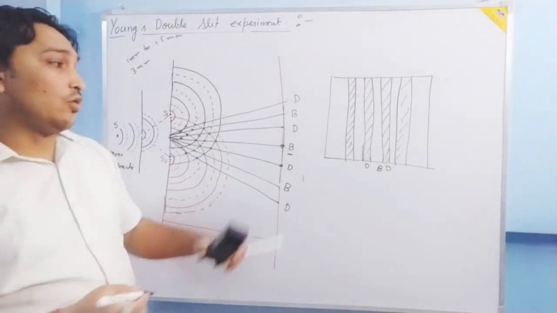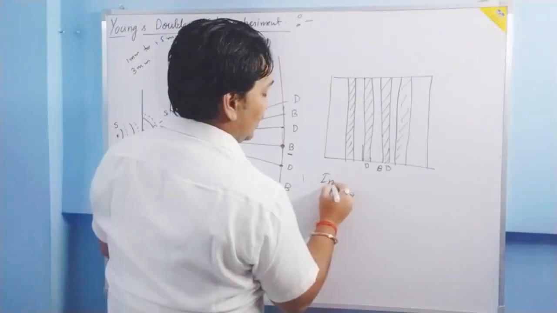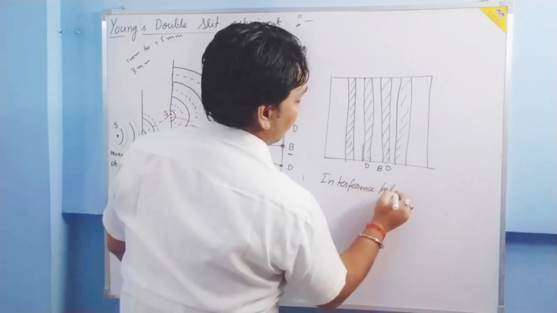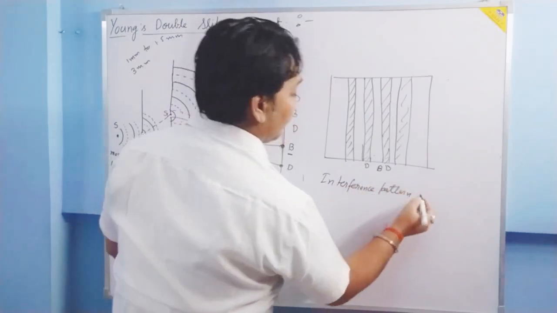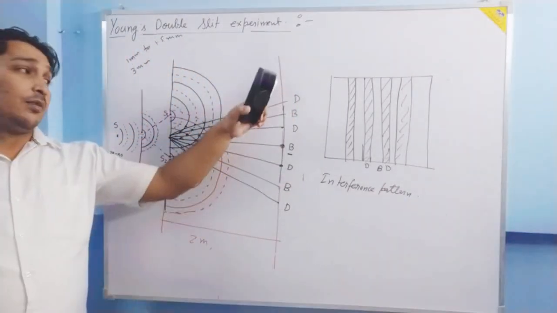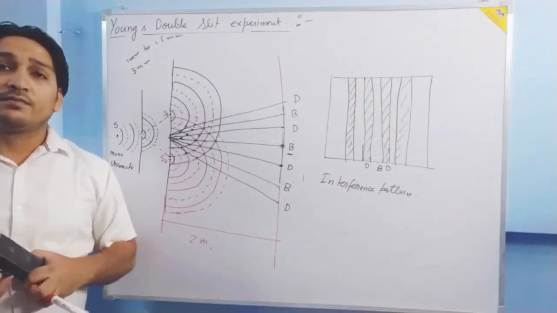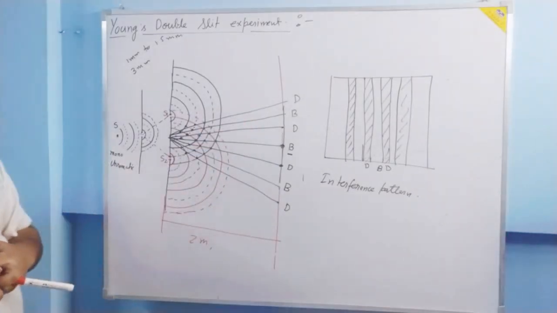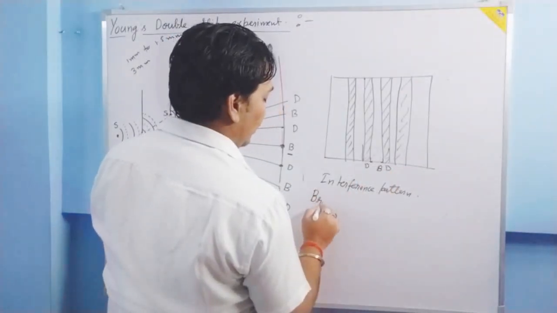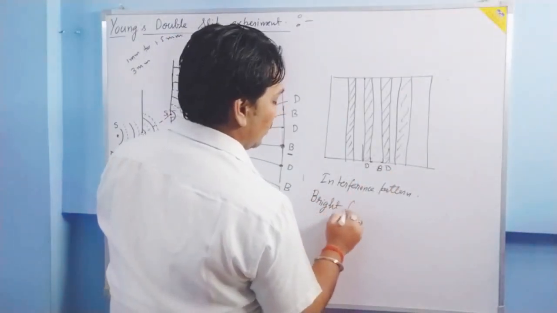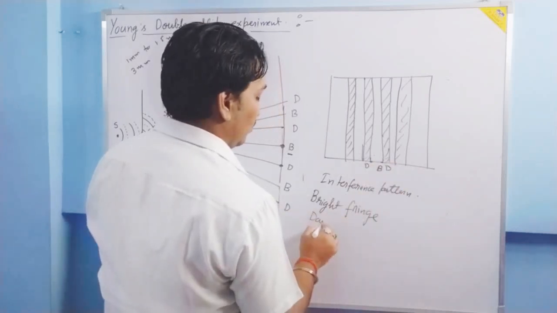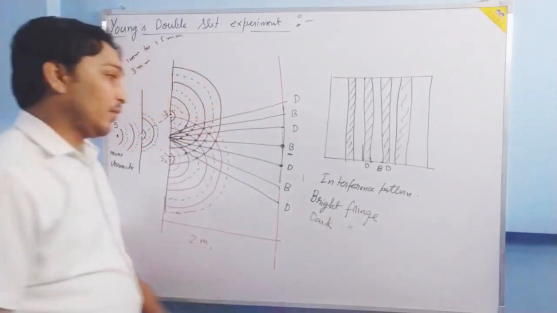So this is called interference pattern. Is it clear? Center bright is surrounded by dark, then bright, then dark. It happens like this. Okay, so this is called interference pattern. This bright pattern is called bright fringe, and this dark pattern is called dark fringe.